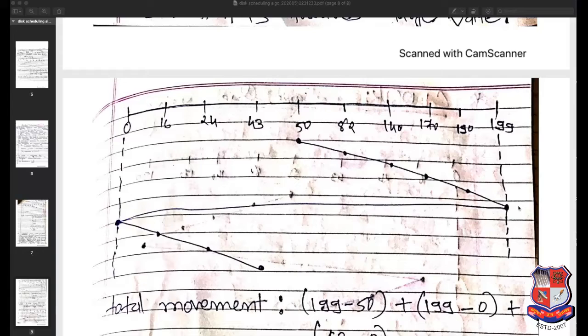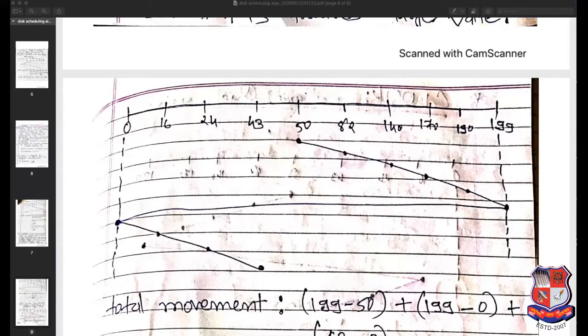In C-SCAN, the concept totally depends on circular movement. It means when we reach one end, we directly traverse to the other end. So here we move from 199 to 0. Then we traverse all the request tracks till the last request value.